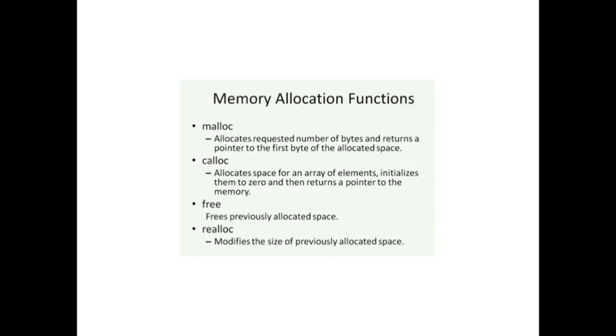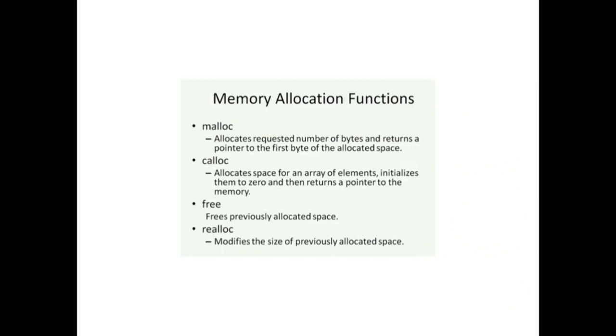While in calloc, the pointer is returned to the first memory location of the block assigned for dynamic memory allocation only when all the memory locations of that block are initialized to 0.